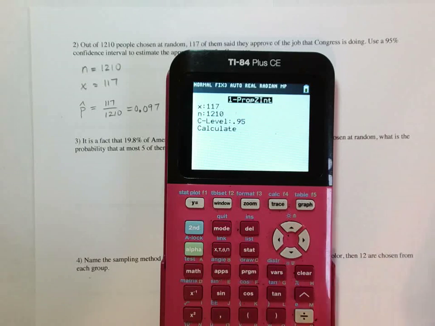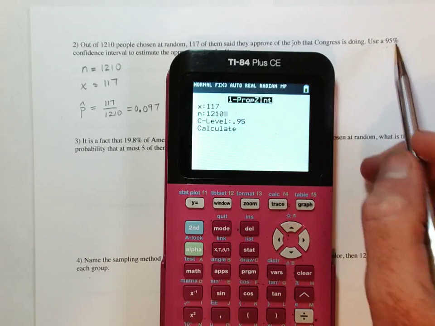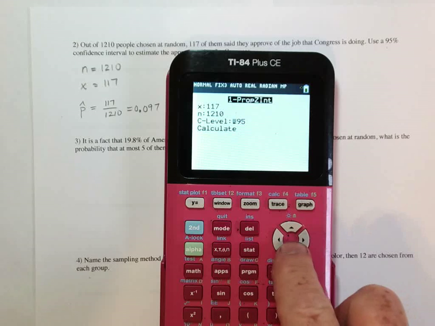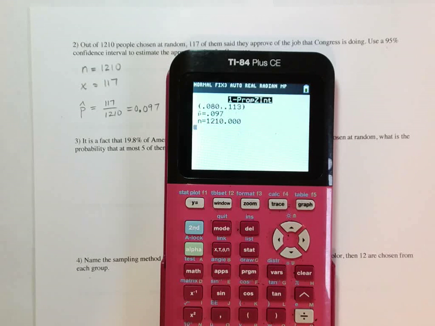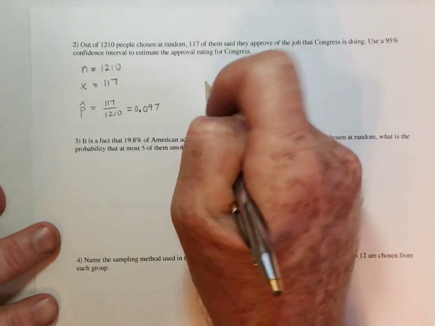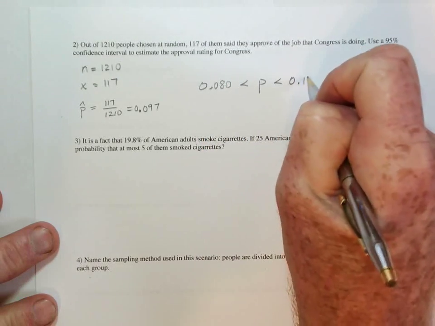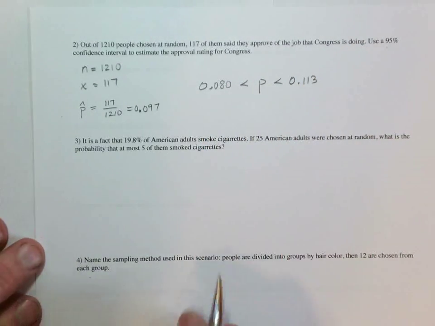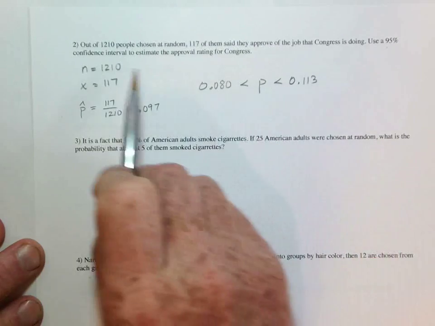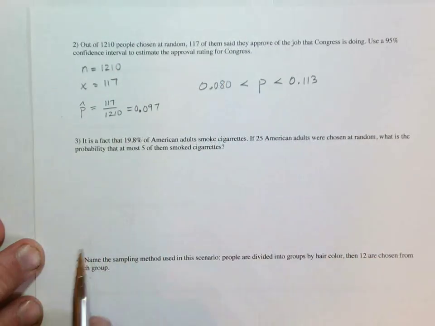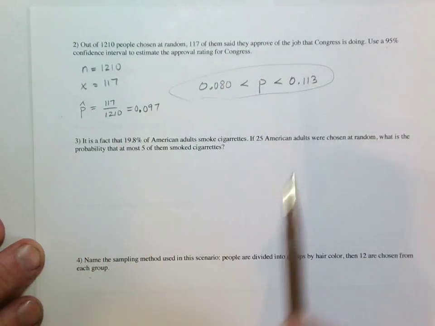The directions said use a 95% confidence interval, so this is all set up, and then calculate. So it is between 0.08 and 0.113. And then just make sure there's not any other explanation we're supposed to do. That's it. Make the interval.